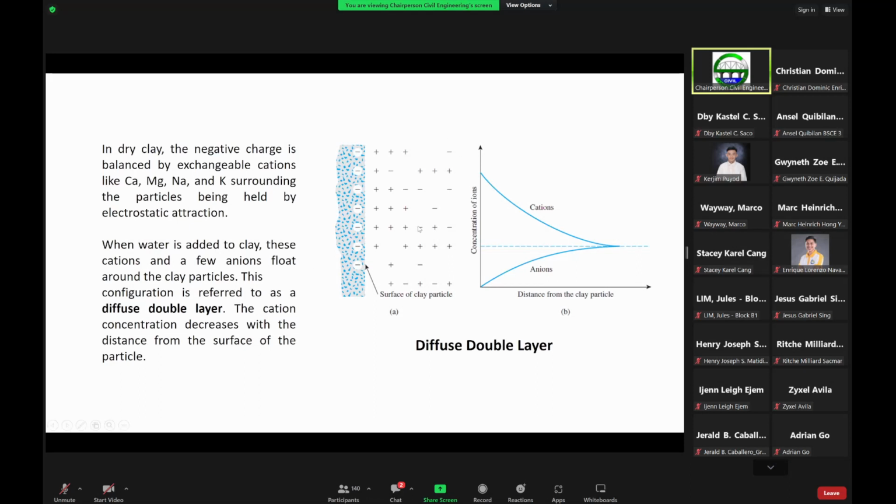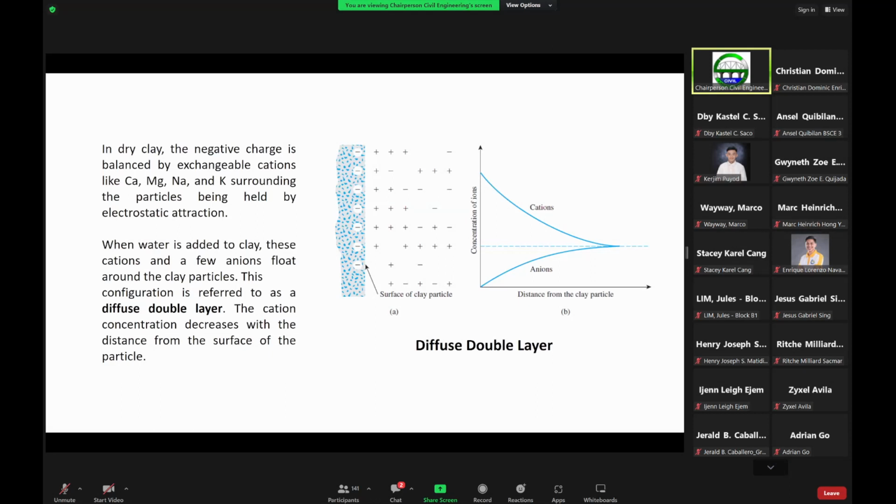The cation concentration decreases with distance from the surface of the particle.